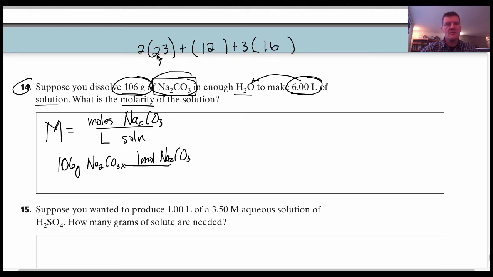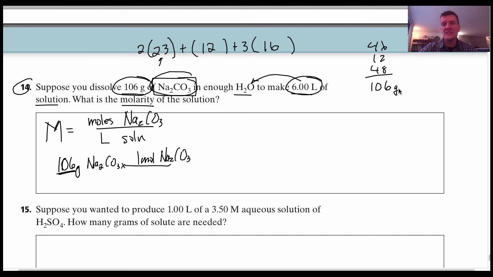So I have 46 plus 12 plus 3 times 16, so that's going to be 48, right? So what is that? 60, around 106, okay? Around 106. Amazing. So we have 106 grams.